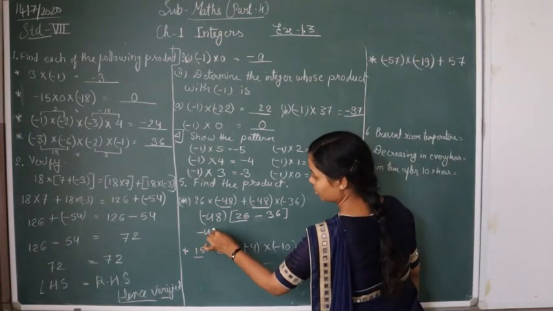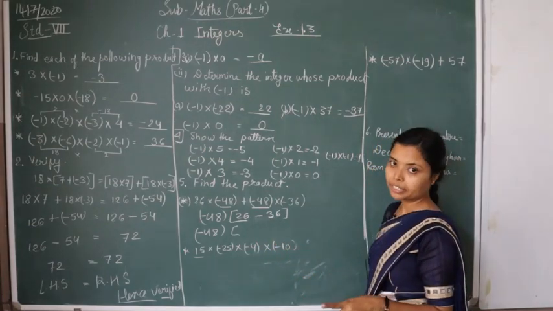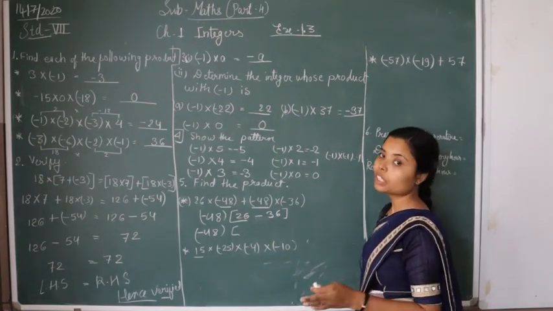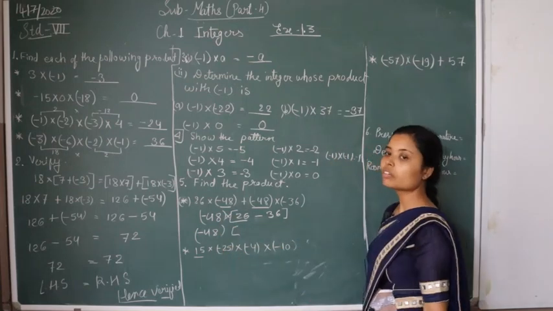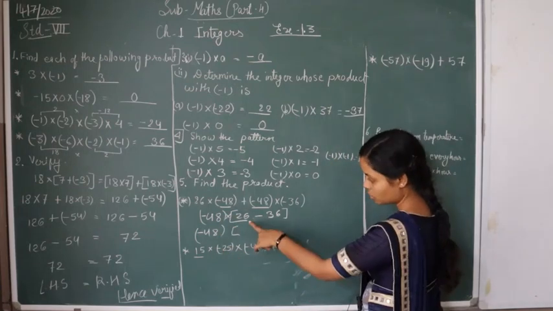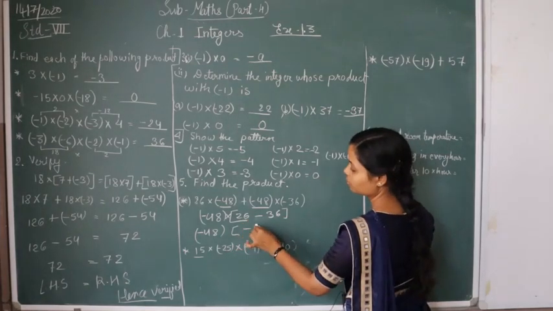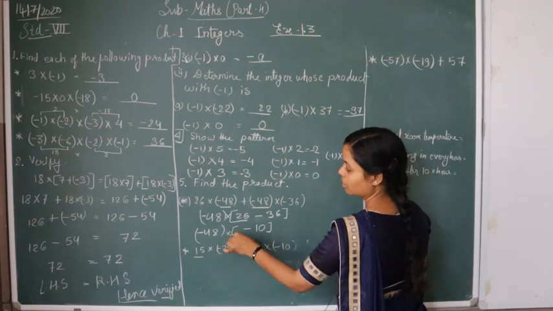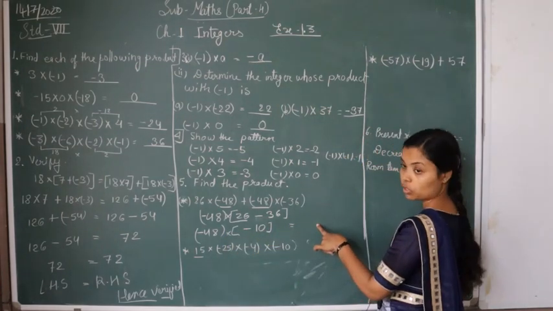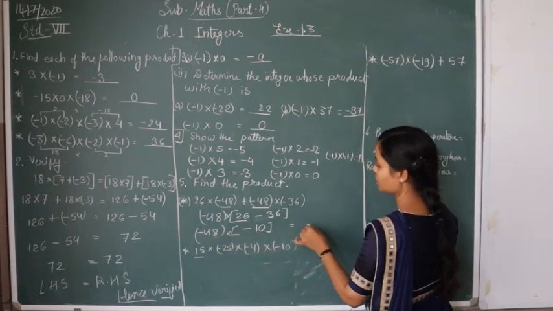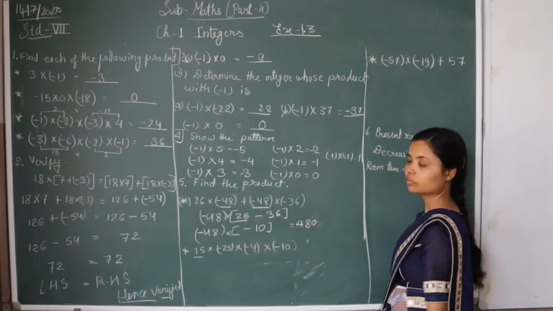Firstly we will solve the bracket. We know according to the BODMAS rule, firstly we will solve the bracket, then we solve other operations. So 26 minus 36 will be minus 10, and when you multiply both numbers, both are negative, so we get a positive number. 48 is multiplied by 10, so this is 480.